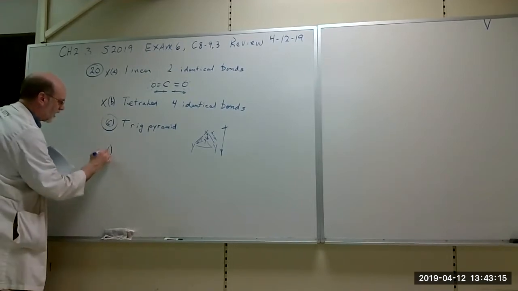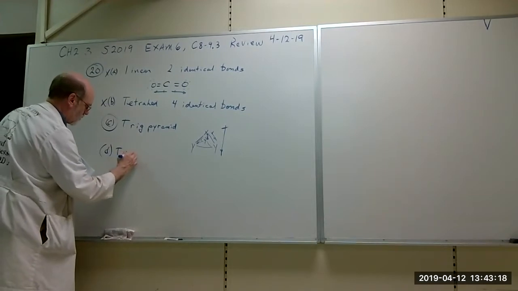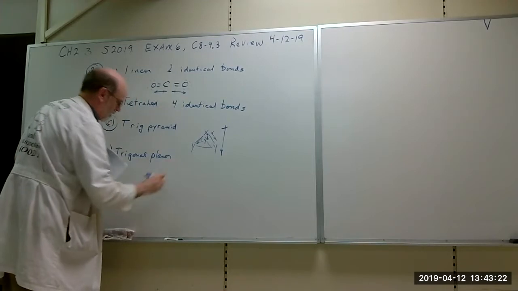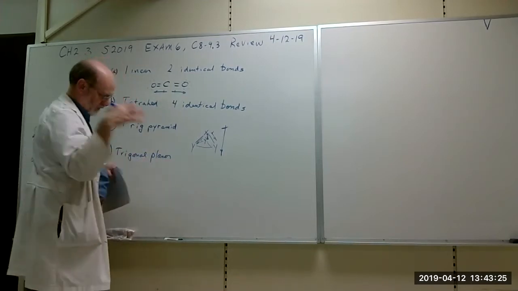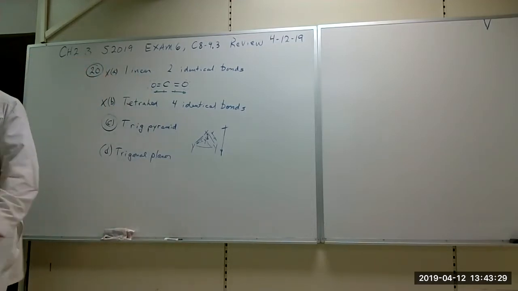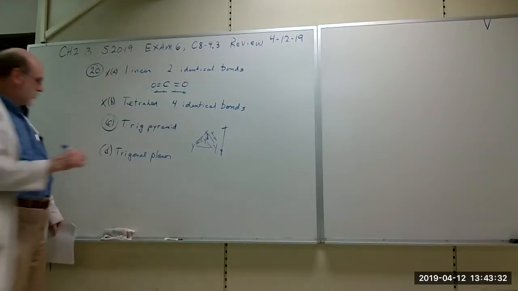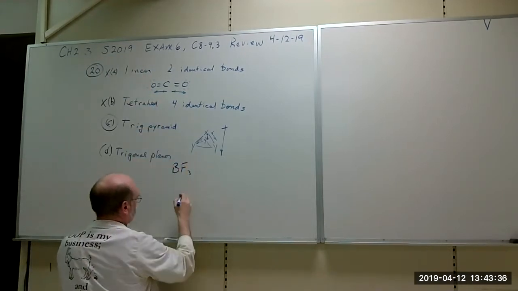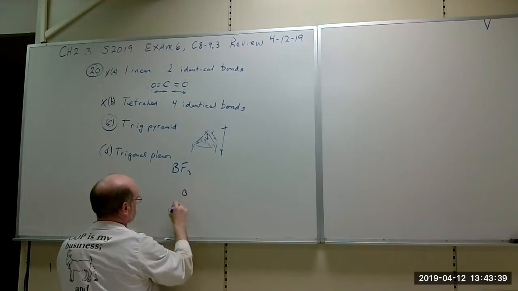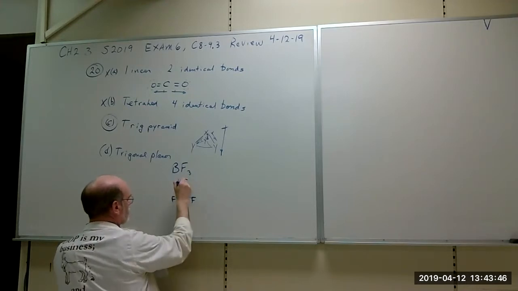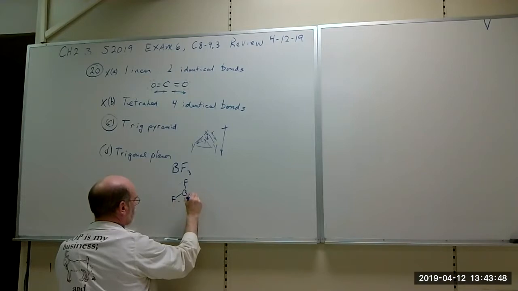How about a trigonal planar? So what do you have there? Well, looking from above, you have, let's see if I can think of one. How about this one? Boron trifluoride. It's going to be boron in the middle, fluorine, fluorine, fluorine, like that. So there's your trigonal, and they're all in the same plane.